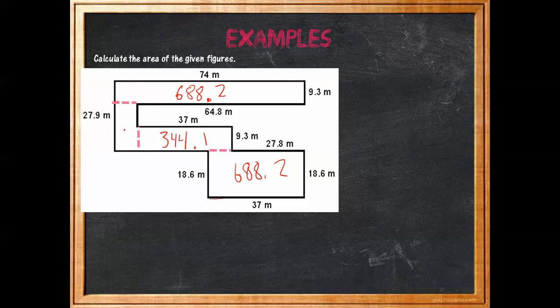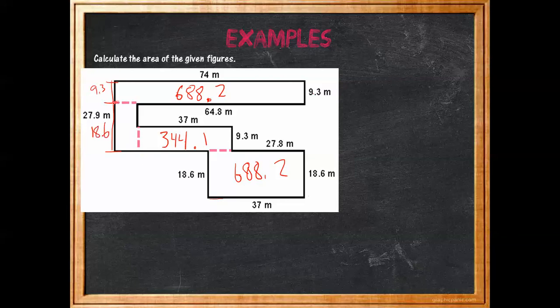So now really, this little one is the only one that I have to do a little extra math on to find the lengths. This whole length right here is 27.9. I know that this length right here is 9.3, so if I take 27.9 and subtract 9.3, then I know that this little segment is 18.6.